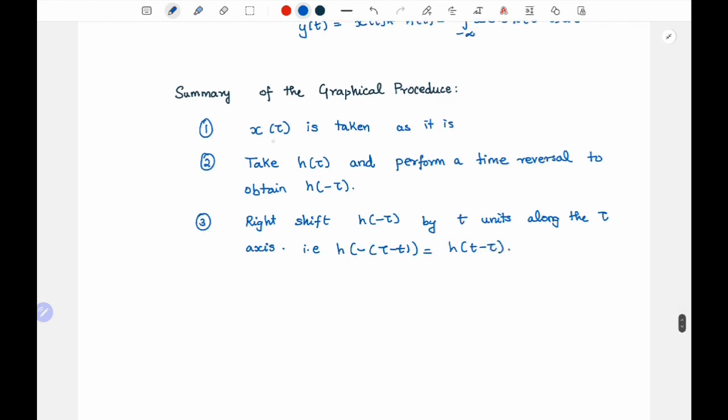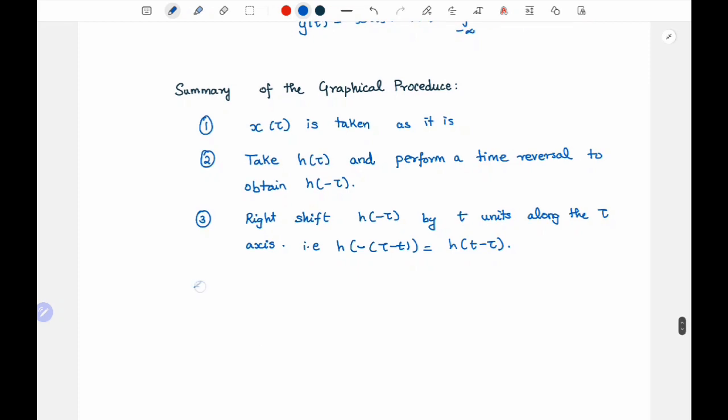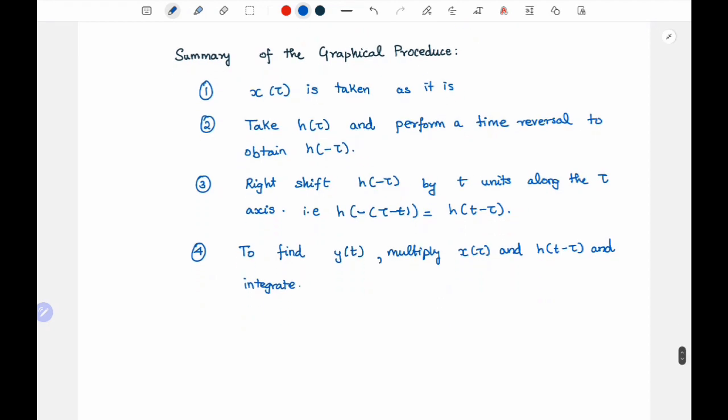So once h of t minus tau and h of tau is there, now to find y of t, multiply x of tau and h of t minus tau and integrate. So this may be at some particular t naught, right? So this, let's say t naught and t naught here. So this will give you y of t naught.